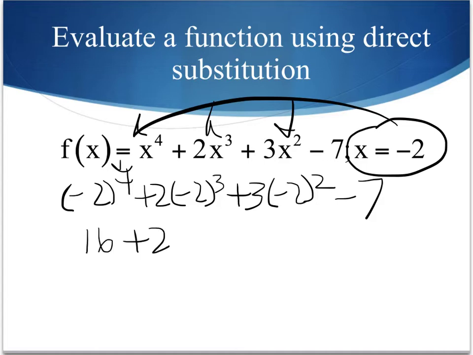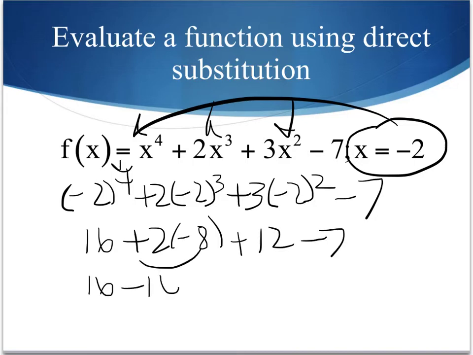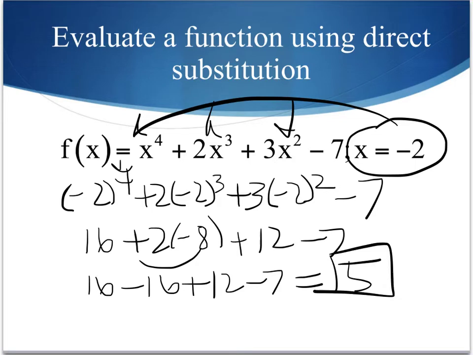Plus 2 times negative 2 to the 3rd power is negative 8. Negative 2 squared is 4, so 4 times 3 is 12, and then minus 7. And then this part of the problem becomes negative 16. When I add that all together, I get a positive 5. And remember that f of x is just another way to say y.